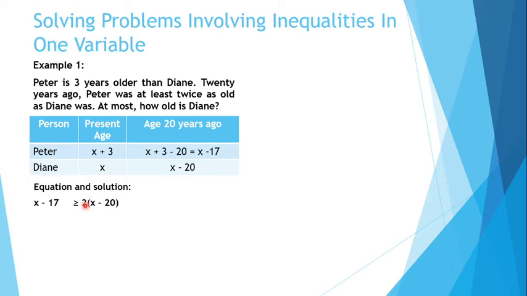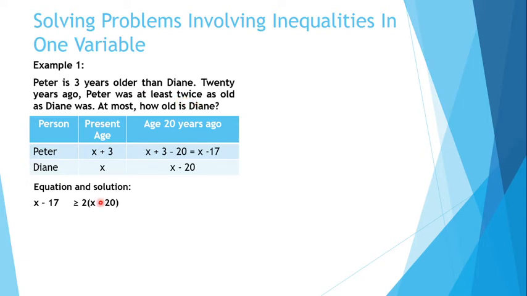Okay, so this is an equivalent inequality. Since the age of Peter 20 years ago is at least twice the age of Diane, which is x minus 20 multiplied by 2, because as you can see, it should be at least twice as old as Diane was.